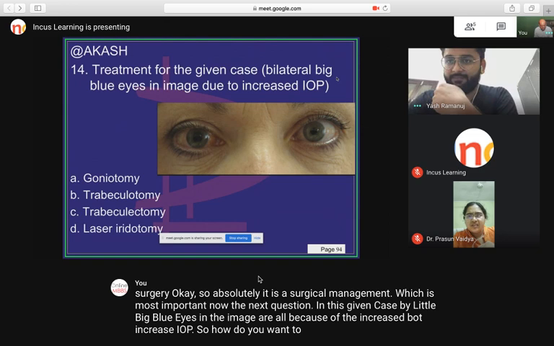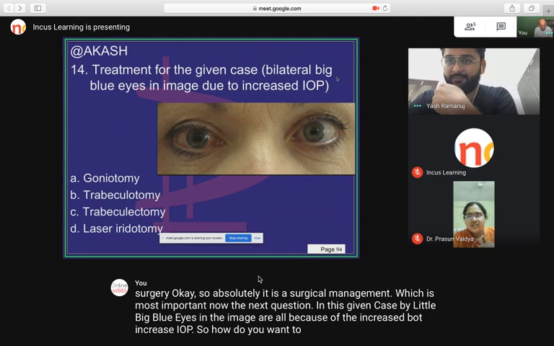Primary angle closure glaucoma with peripheral anterior synechiae involving more than 270 degrees is an indication. Similarly, generally for primary open angle glaucoma we give medical management, so if it is not controllable with medical management, that is another important indication.